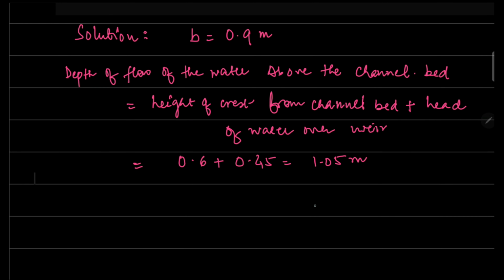So in the pictorial format, if we say this is the crest, sorry, this is the weir and this is the channel bed, and now the water level is flowing this way.